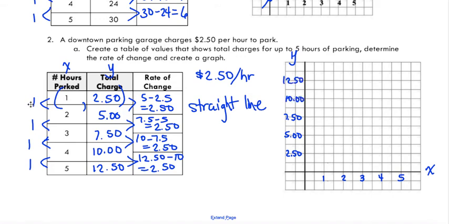So now when I plot my coordinates, 1 and 250, 2 and $5, 3 and $7.50, 4 and $10, and 5 and $12.50, I notice that when I connect these points, it creates a straight line.